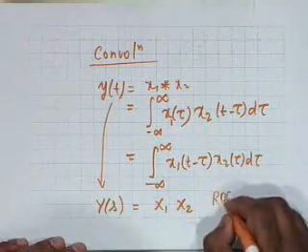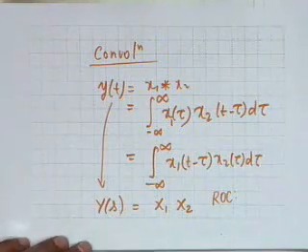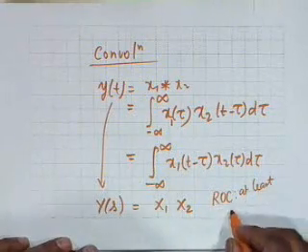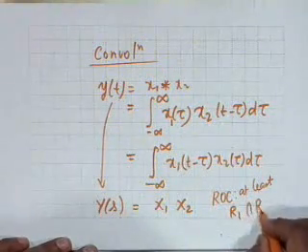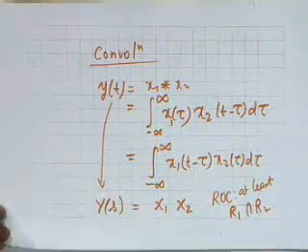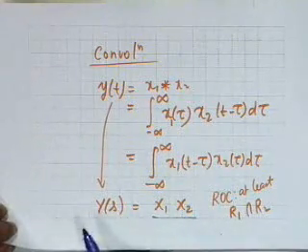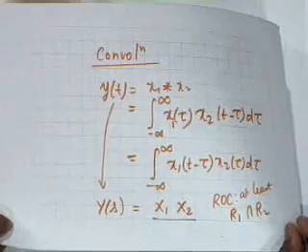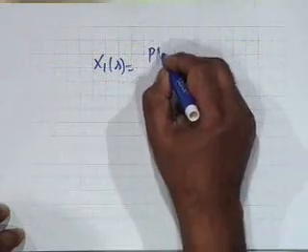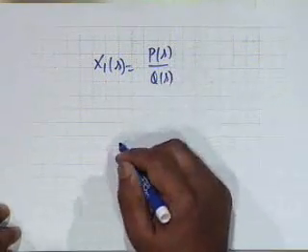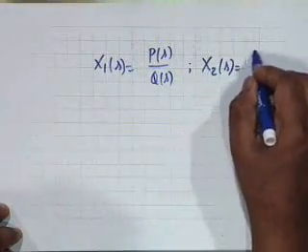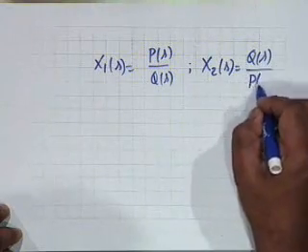Now the question of ROC. The ROC is at least, that is important, at least what? Intersection or union? Intersection. At least R1 intersection R2. It could be larger. And I repeat, Laplace transform is a wide-hearted operation. To appreciate this point, we will take an example which shall be more than convincing. Let us say X1(s) is P(s) divided by Q(s), and X2(s) is the reciprocal of this, Q(s) by P(s).